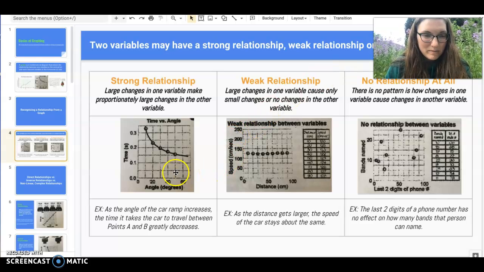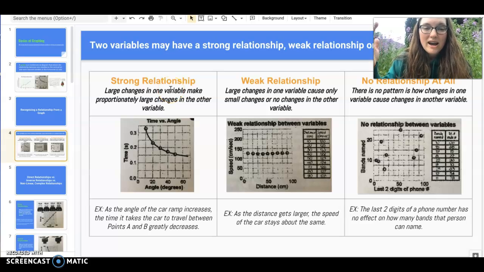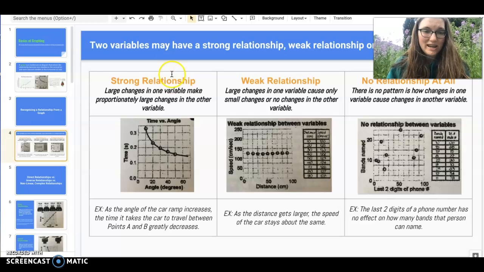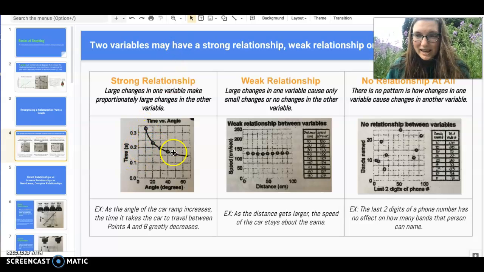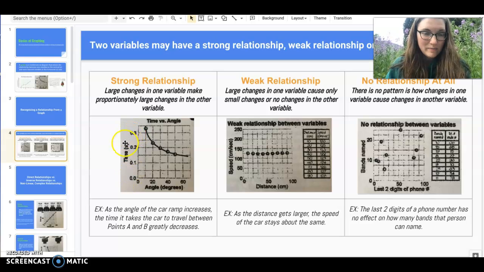A strong relationship is indicated by a clear pattern of data, where I can definitely say that as the angle gets steeper, the time traveled gets less and less. Angle definitely has an impact on time.